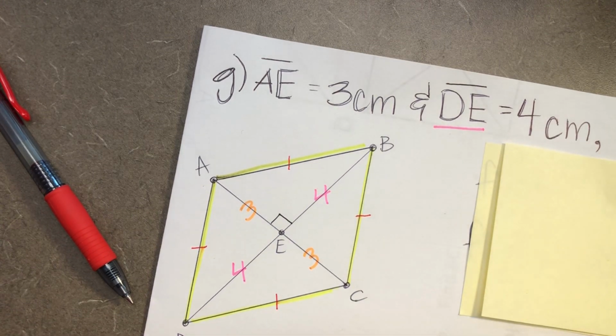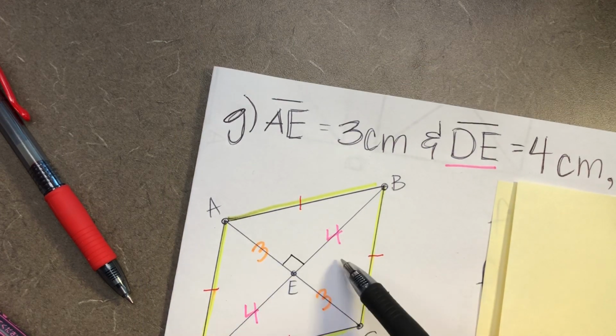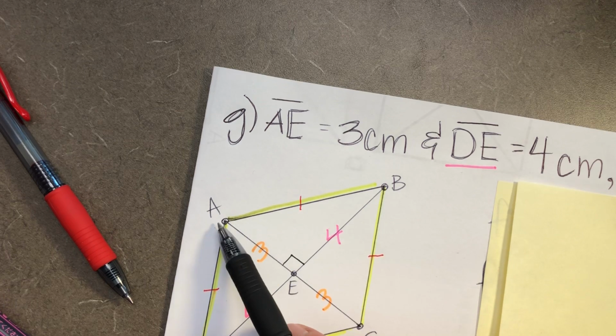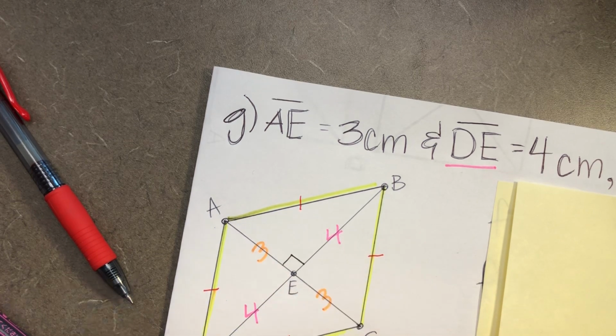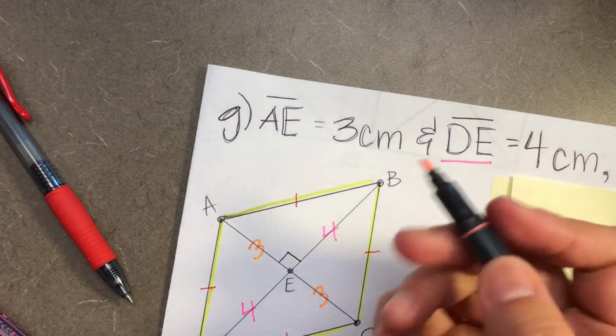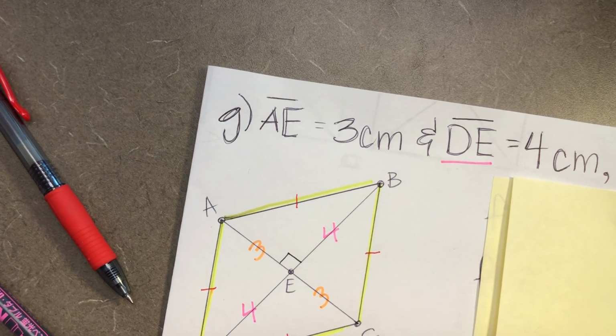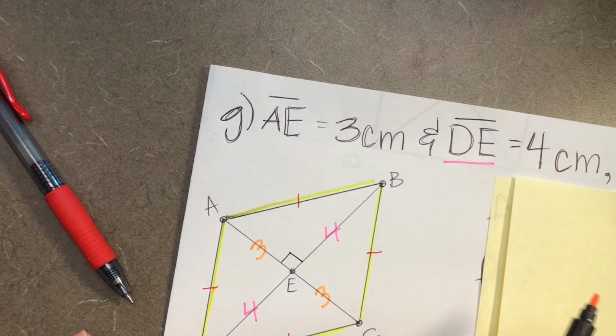So ready? We're going to do a squared plus b squared is equal to c squared. Remember, the hypotenuse plays a role here. The side plays a role of the hypotenuse. So we have a squared plus b squared is equal to c squared.